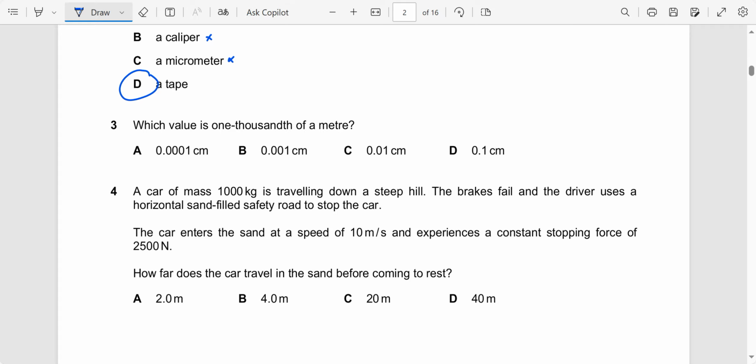Which value is 1,000th of a meter? After one decimal place this is tenths, then this is hundredths, so this is thousandths, so it should be 3 digits after the decimal.